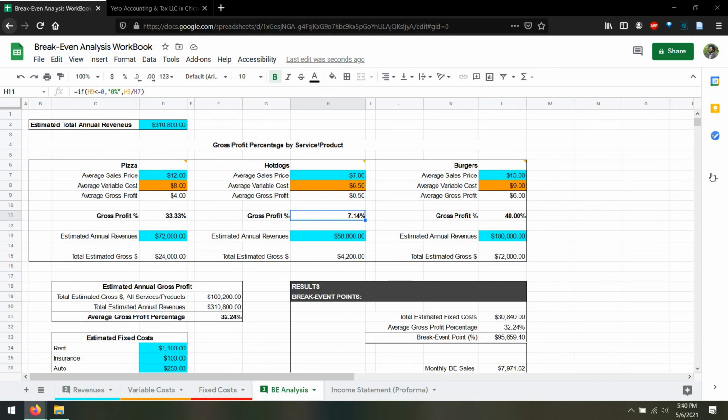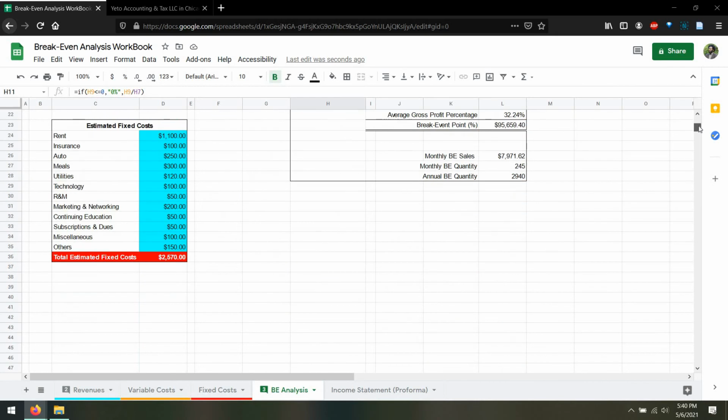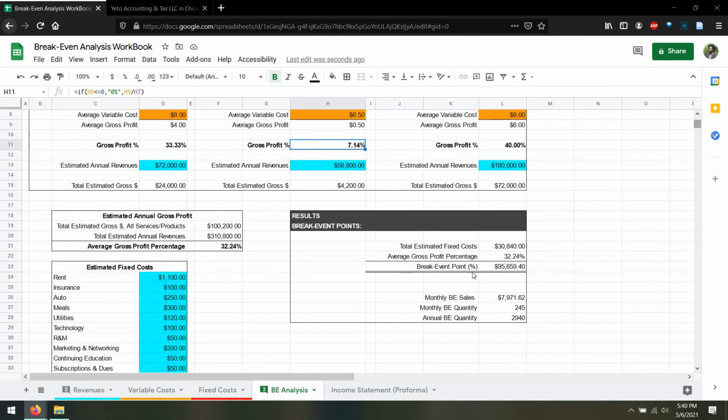So that's really important. And the reason for our training is to understand the break-even point. So how much you will need to sell as a small restaurant to barely be able to buy the product from suppliers and make the burgers, the hot dogs and pizza, and cover your fixed expenses and not make any money whatsoever.